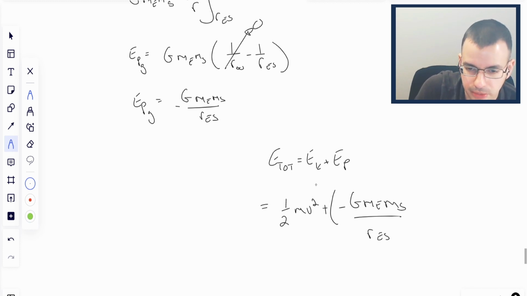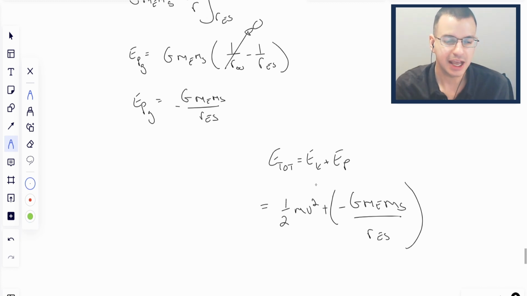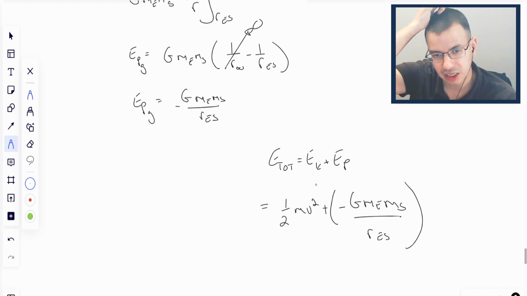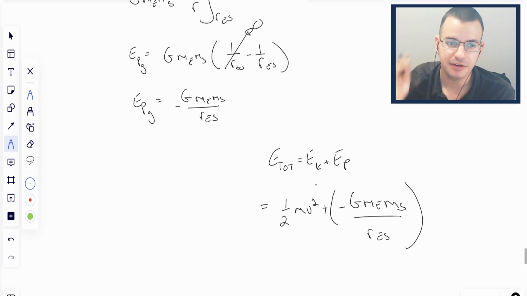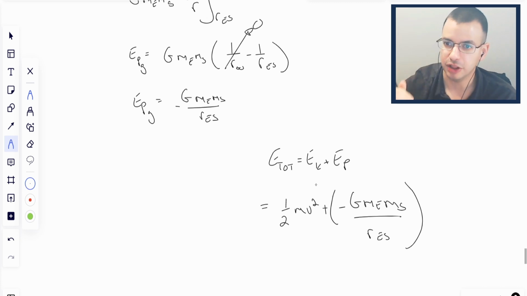So a couple points to look at here. It actually makes sense that the potential energy of the Earth is negative. This is the idea that the Earth is in a gravity well. It basically lost energy by falling closer to the sun.